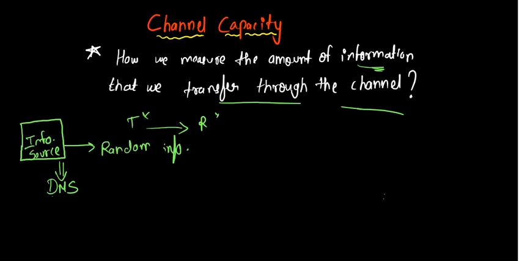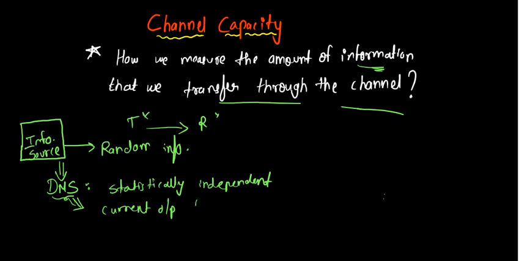The output of this discrete memoryless source is statistically independent, right? That is, we can say the current output of this DMS will be independent of its previous output. So the current output has no relation with the previous output.